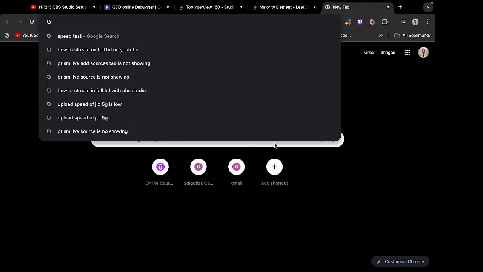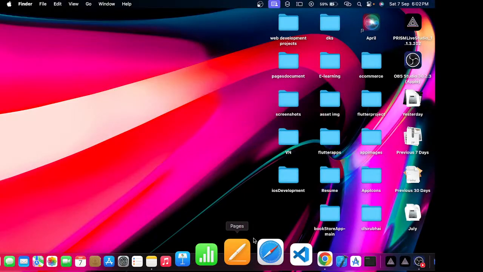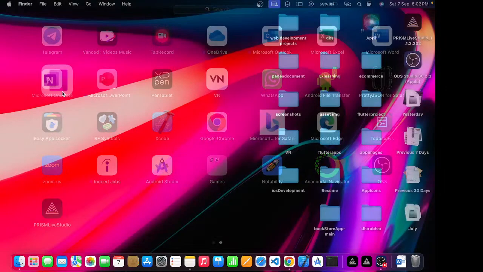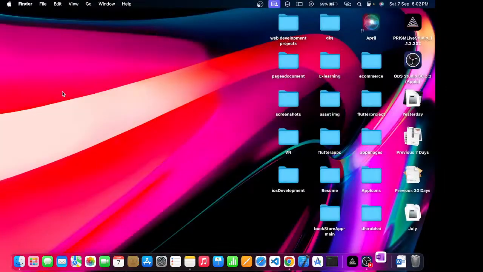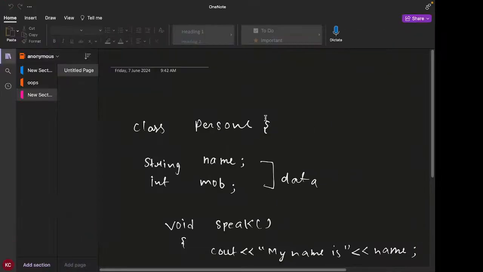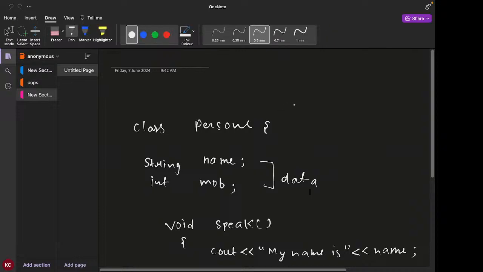Microsoft Pro. This is perfectly working. Let's suppose I have a circle.